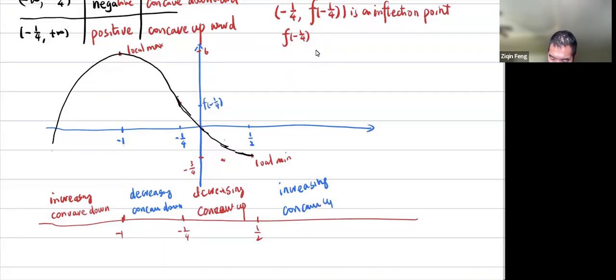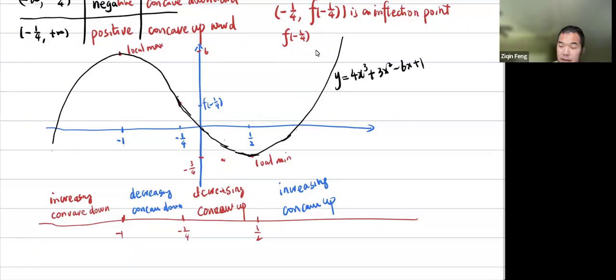So the graph looks like this. So that is a graph of such a function, y equals 4x cubed plus 3x squared minus 6x plus 1. And that's how we sketch the graph of such a function, right?